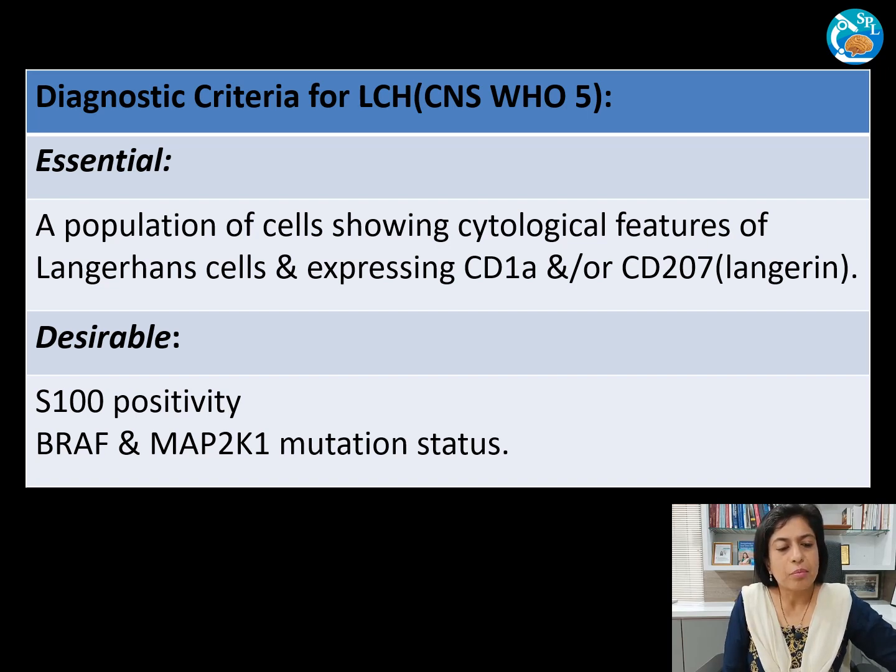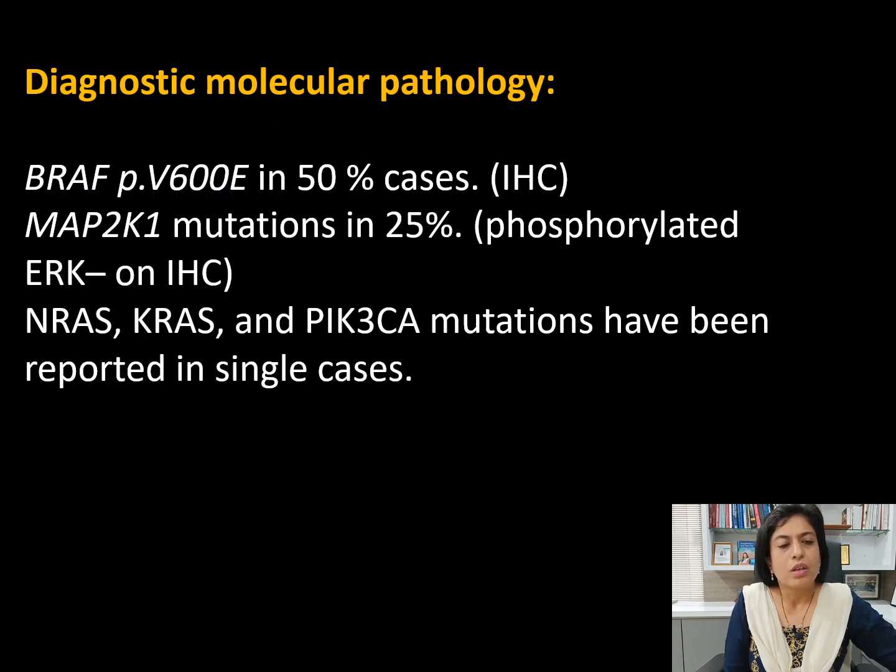In the desirable criteria, S100 positivity, BRAF and MAP2K1 mutation status should be present. Coming to diagnostic molecular pathology, 50% of cases show BRAF V600E mutations and 25% of patients show MAP2K1 mutations.